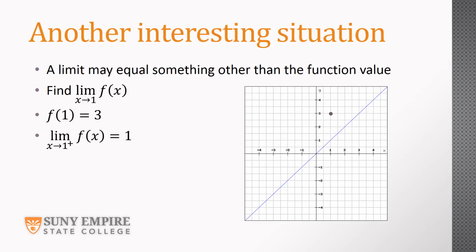If we approach x equals 1 from the right, we have a limit of 1. As we approach x equals 1 from the left, again we have a limit of 1. So even though the function actually equals 3 at x equals 1, the limit as x approaches 1 for the function is 1.